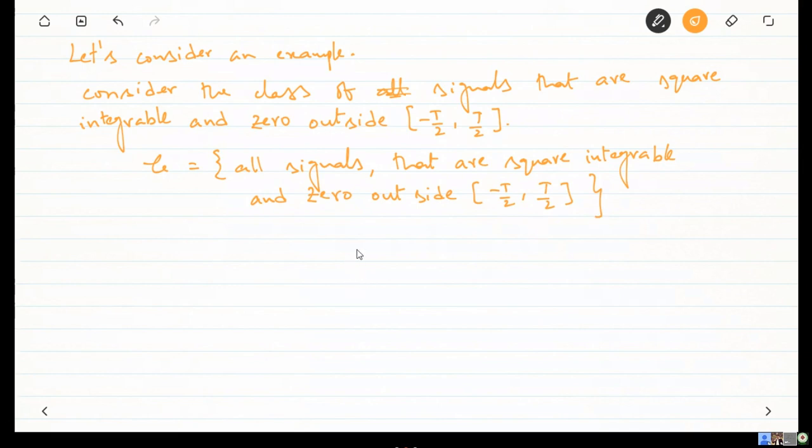So this is what we mean by the class of signals, right? So square integrable, what do we mean by square integrable?